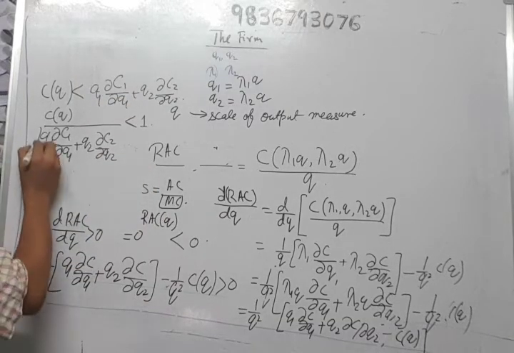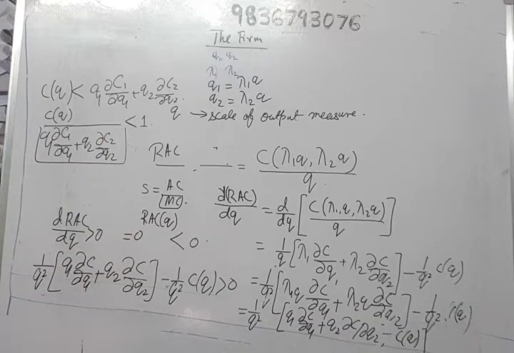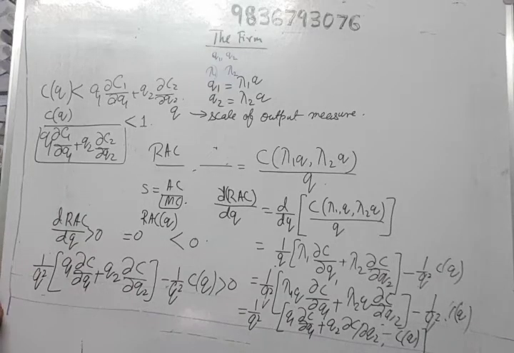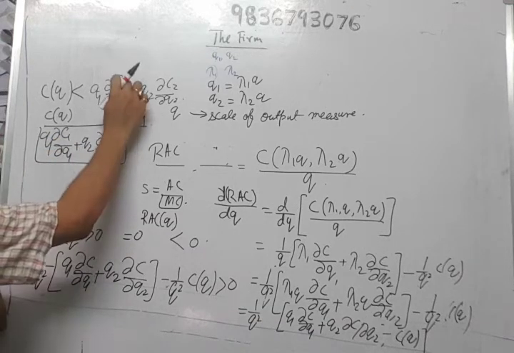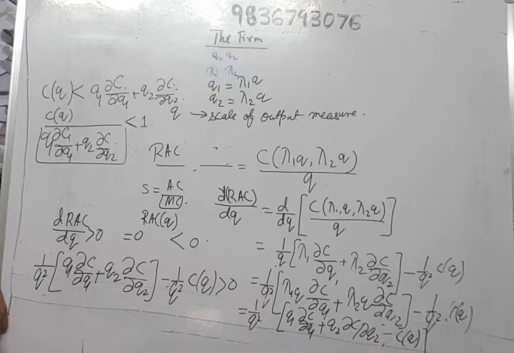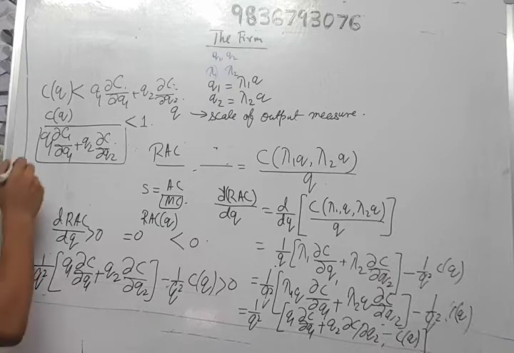Now this denominator is nothing but the summation of the marginal costs. Del C by del Q1 is the marginal cost of producing Q1 units of product 1 when the production of product 2 is kept constant, whereas del C by del Q2 is the marginal cost of producing Q2 units of product 2 when the production of product 1 is kept constant.